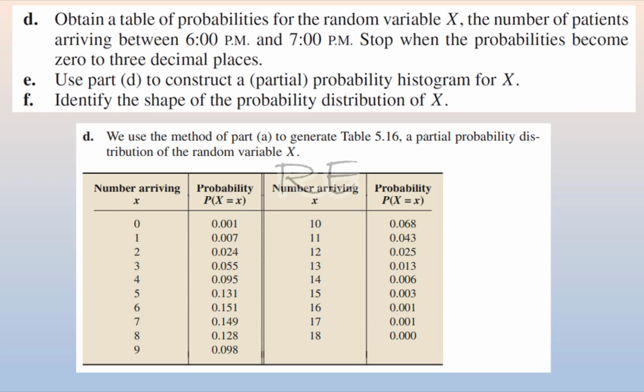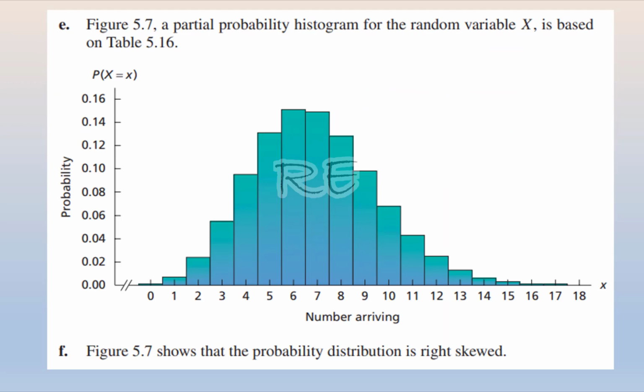After the 8 attempts, the probability became 0.000 according to your book. Now, the partial probability histogram of the random variable x is right skewed, and here's a picture of it.